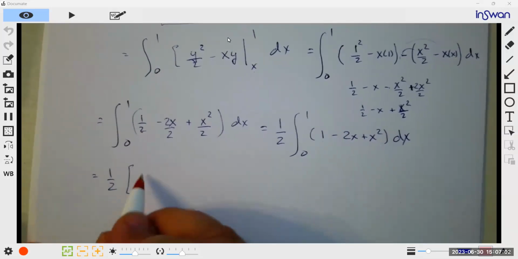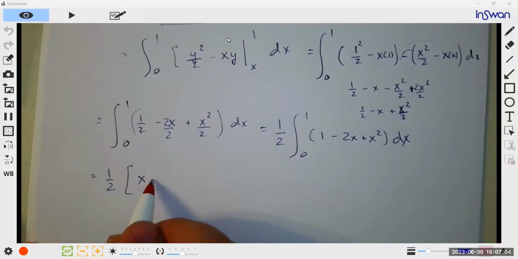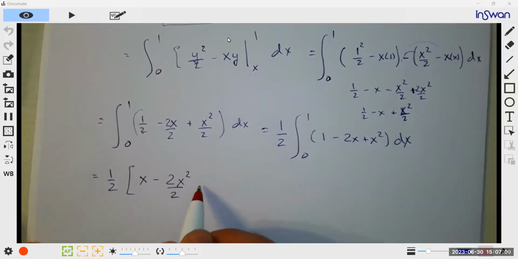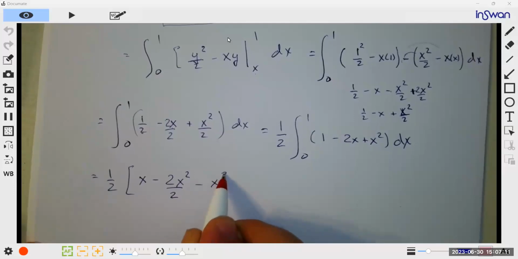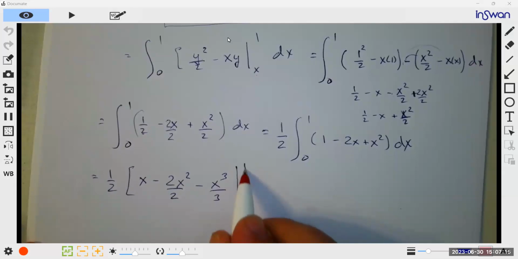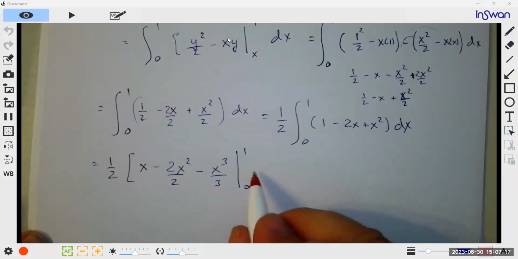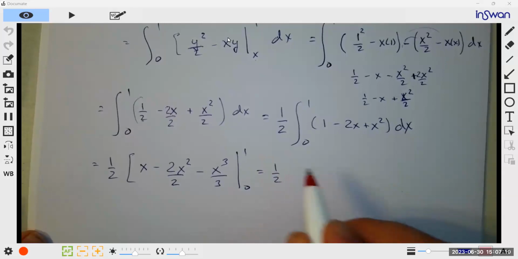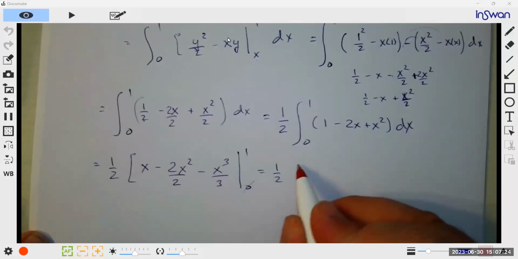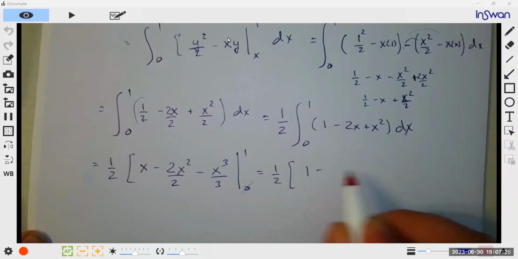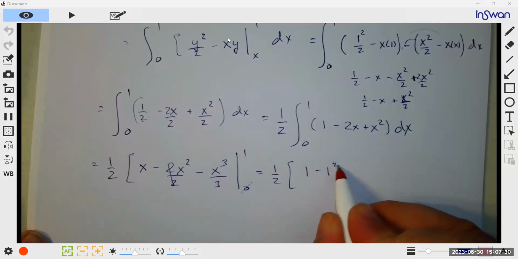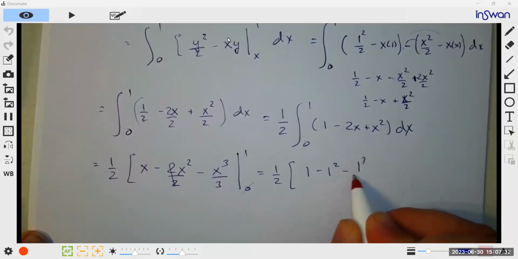The integral of 1 with respect to x is x, minus 2x squared over 2, plus x cubed over 3, from 0 to 1. We don't have to worry about 0, so all 0 should be 0. So all we do is 1. 1 minus the 2's cancel, 1 squared, plus 1 cubed over 3.